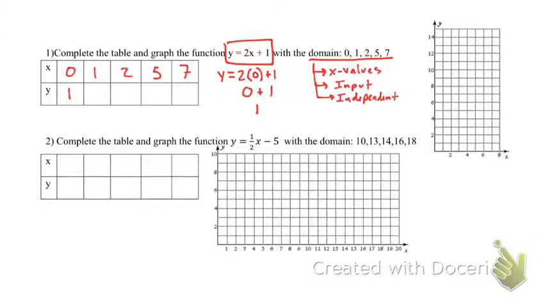Which means, since I have this in my table, my x and y value, I could actually turn it into a point, 0, 1. So I'm going to plot that point. All right. Now let's go ahead and do the next x value. So let me erase this.